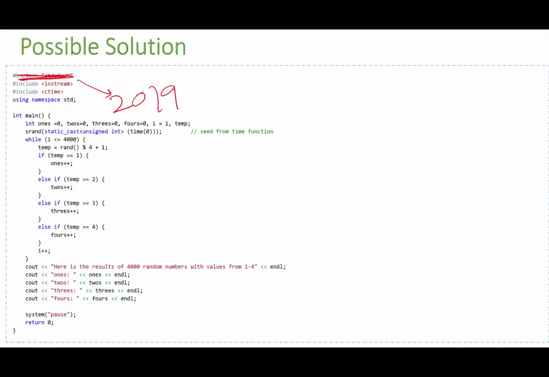So what I've done is that I have 4 variables, as I said, for storing the number of 1s generated, 2s generated, 3s generated, 4s generated. And I needed the counter, i, and I needed temp, to check the number generated.